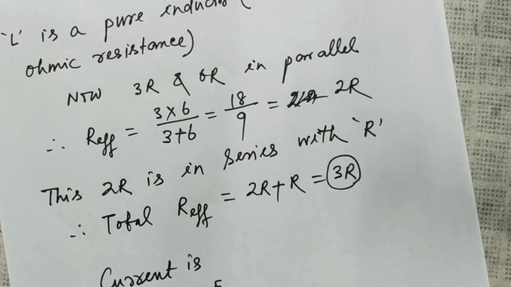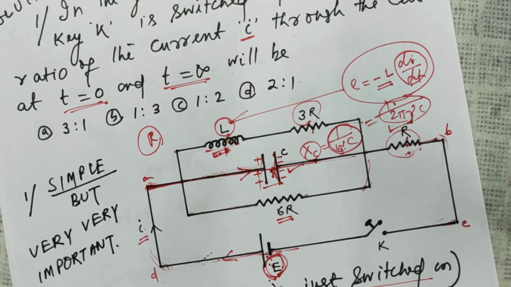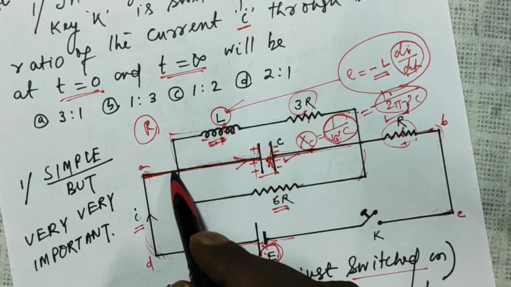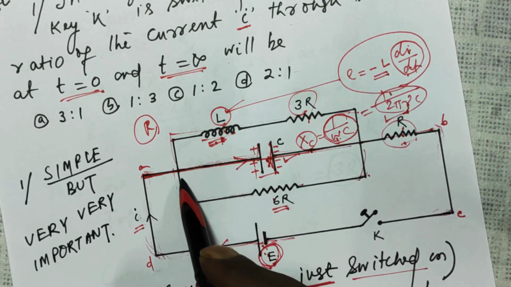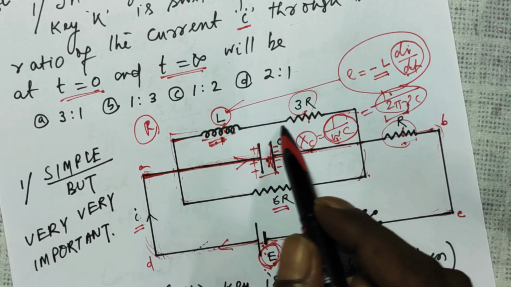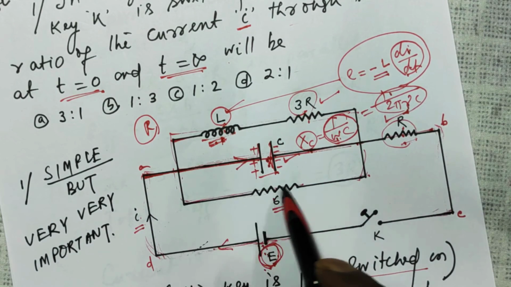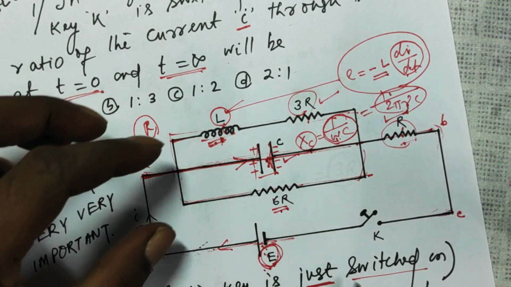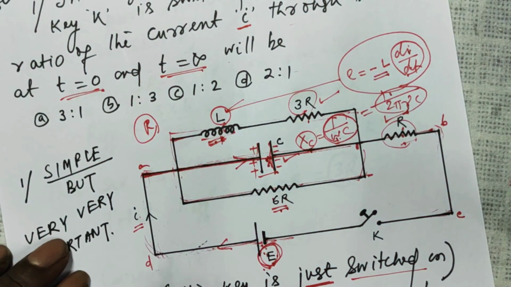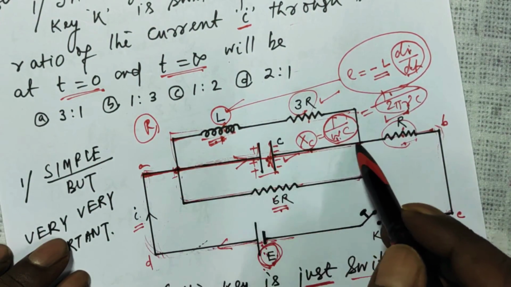So now this path is blocked. When the capacitor is fully charged, this path is blocked, this path is allowed, and this path is allowed. If this path is blocked, on this path the resistance is 3R and on this path the resistance is 6R, both connected across the same two points, this point and this point.